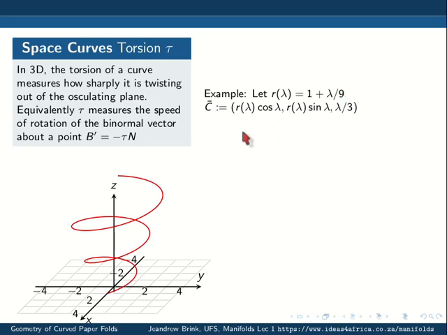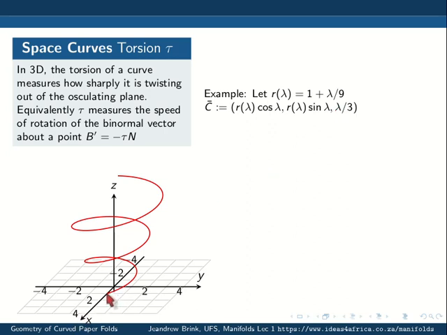Then I'm going to define this red curve in terms of the parameter lambda, and this is not the arc length parameter. I'm going to define my curve as r cos lambda, r sine lambda, and then the height increases proportional to lambda. So we have our radius getting bigger, and we have our curve getting higher.